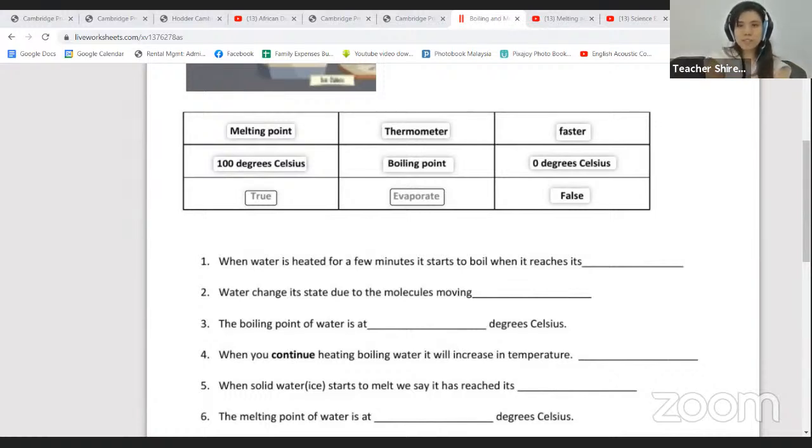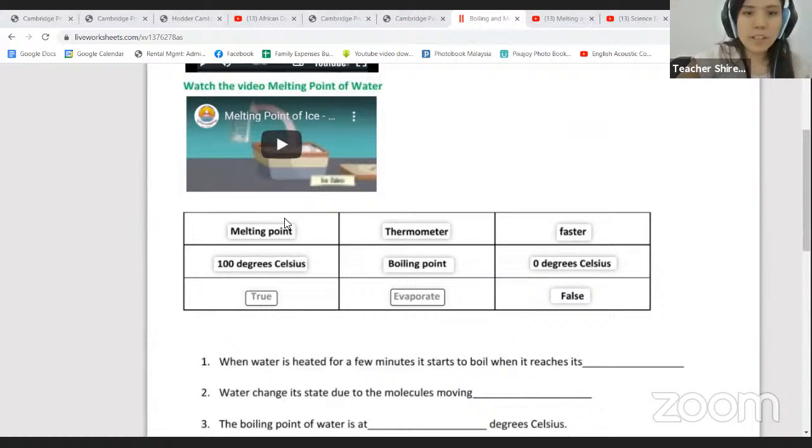How many Celsius is that? Please type in chat. No one typed in chat.